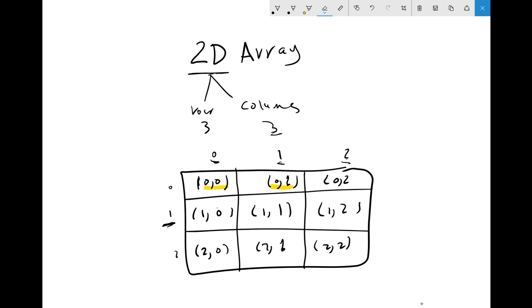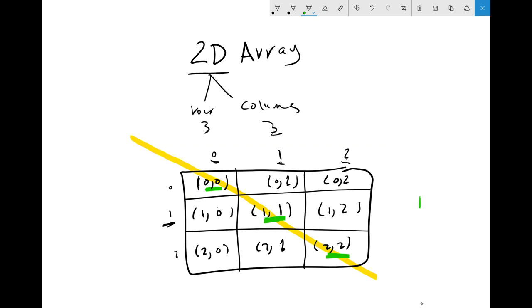Now let me do some examples or solutions. If I ask you to print only the diagonal, what do you think about it? If you look at this problem from the row and column perspective, you would see here the row equals the column, here the row equals the column, here the row equals the column.